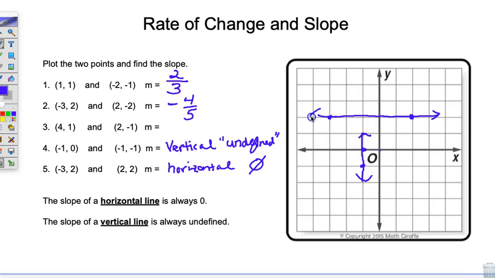So in these cases, what I want you to remember is that all vertical lines always have an undefined slope, while horizontal lines have a 0 slope. So you can see that this has totally no slope at all, and it's completely flat. And down here, it kind of reminds you about those two things.